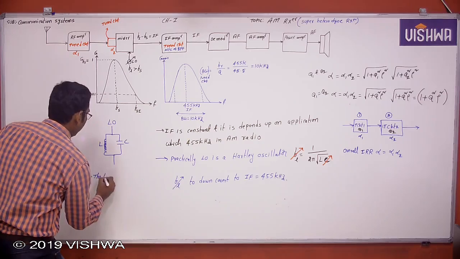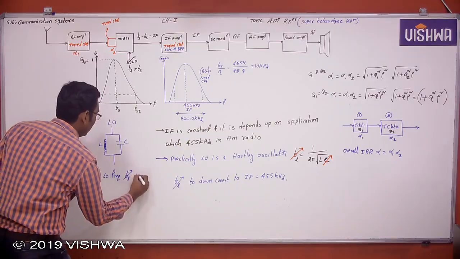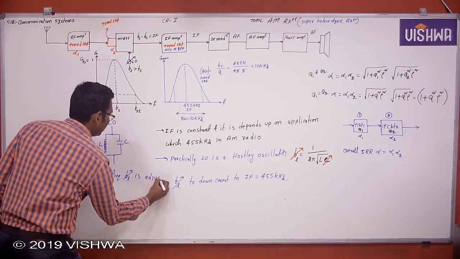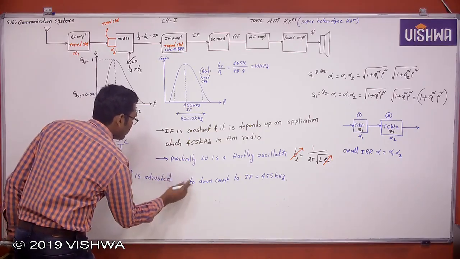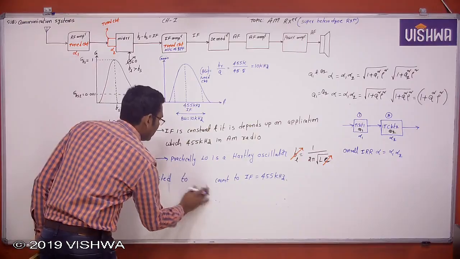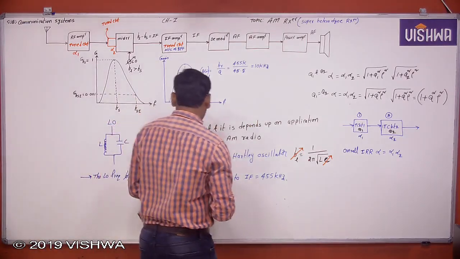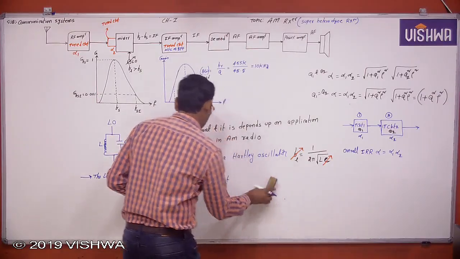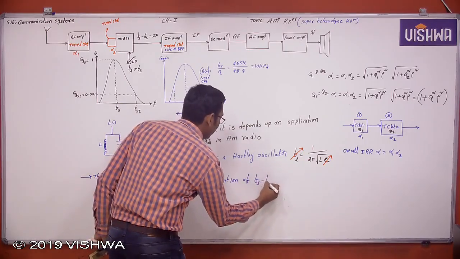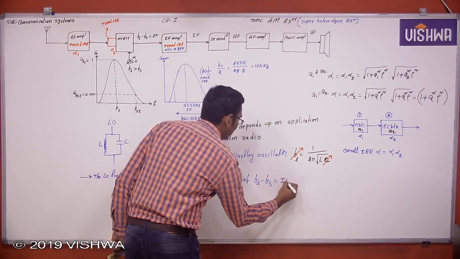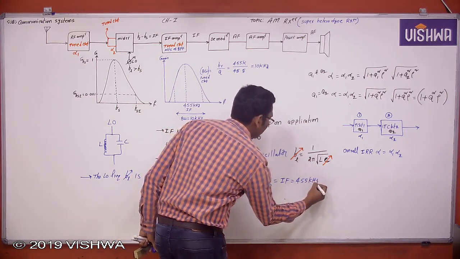The local oscillator frequency FL is adjusted to down conversion of FL minus FS, which is equal to IF, which is equal to 455 kilohertz.